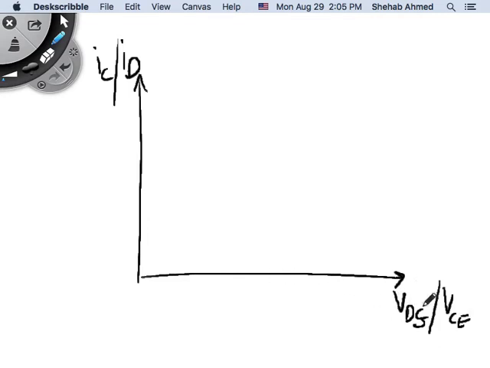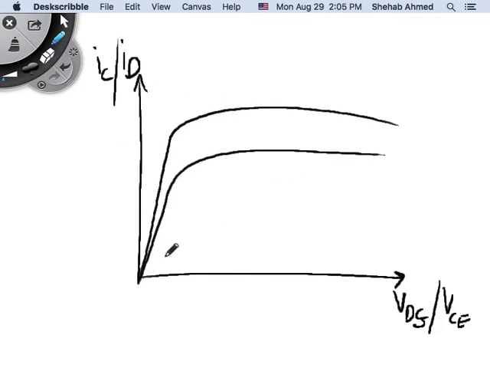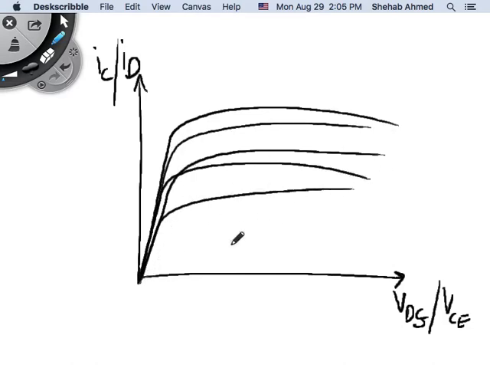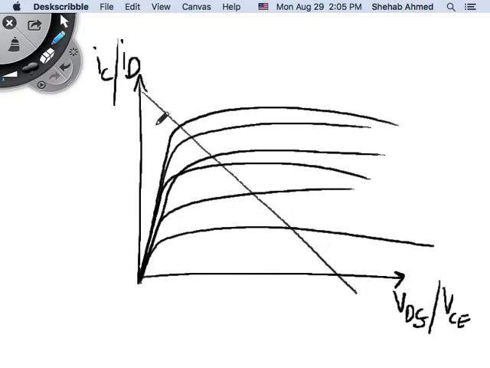Regardless, it's the voltage across the device, current through the device. What do these curves look like? These curves look like this family of curves. And in 325, you remember the load lines, and these load lines would intersect with these curves at different places, and that's how you would choose.